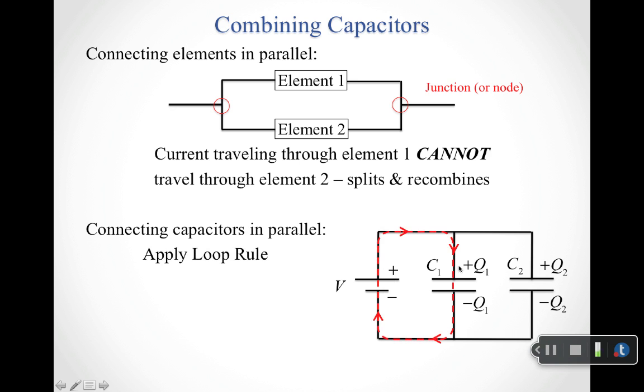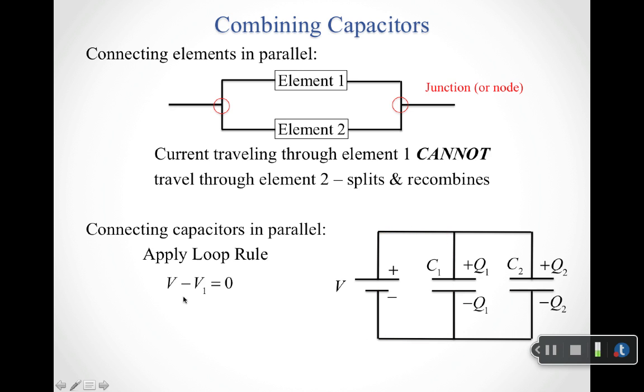This is going to be a potential increase. I'm coming across this capacitor, going from the positive plate to the negative plate, which means I'm going in the direction of the electric field, which points down within this capacitor. So I have a potential decrease. And then that gets me back to where I started.